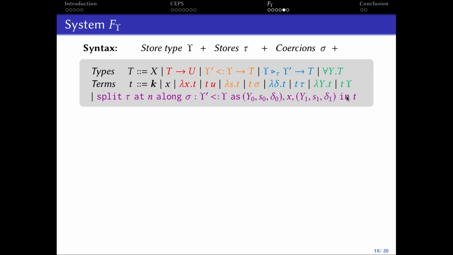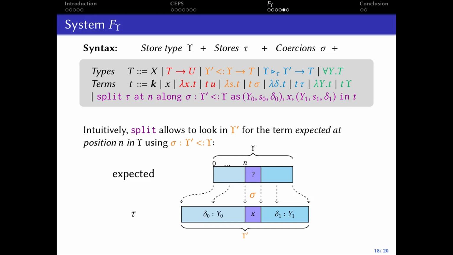And one extra important term is the one giving us the ability of cutting a store. So intuitively, split here is used to look into a store of type epsilon prime, which is the store tau here, for the term that was expected in what epsilon prime is extending at position n here, using the coercion.